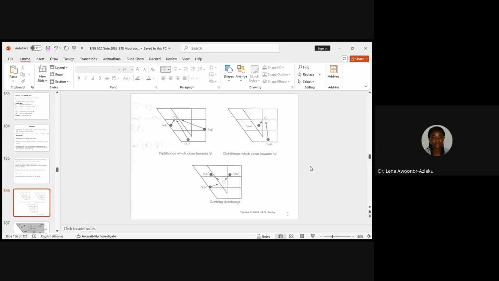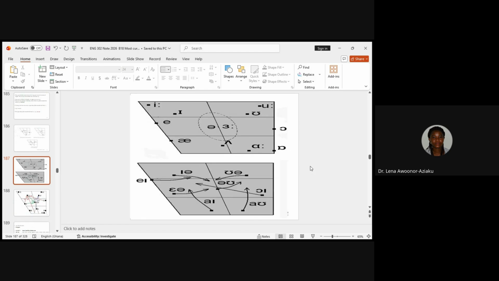The closings are in two. So you see the combination: A moving to center, moving to closing. This is another closing, and then the other closing.